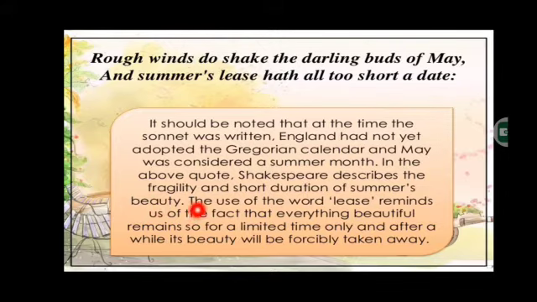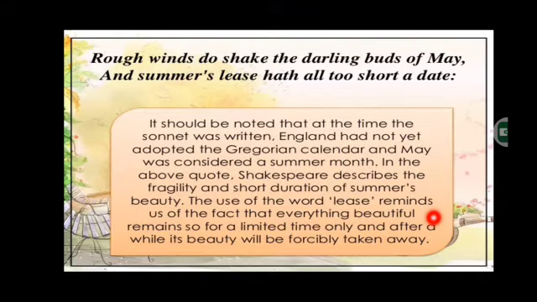So the use of the word leaves reminds us of the fact that everything beautiful remains for a limited time, and only after a while its beauty will be forcibly taken away. So nothing remains for a long time, beauty is for a short time. Beauty will disappear after some time as the beauty of the summer disappears.